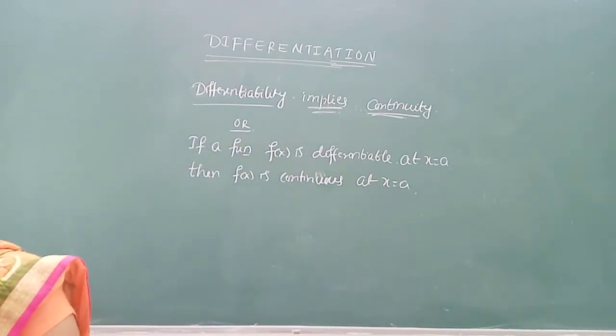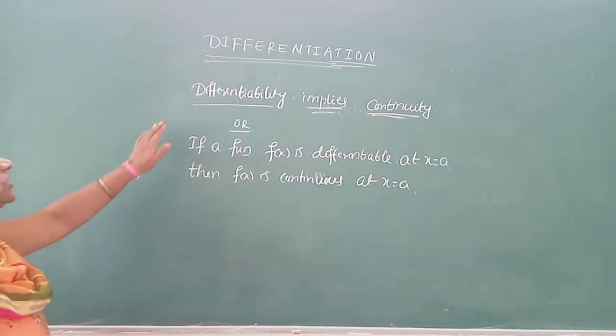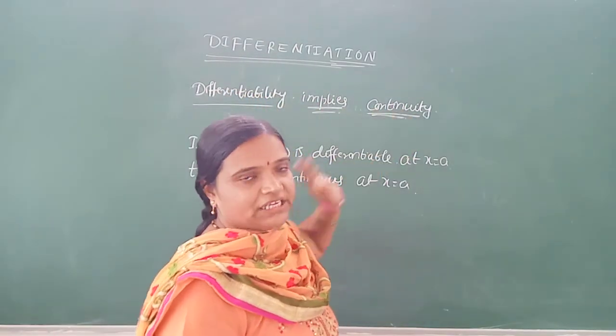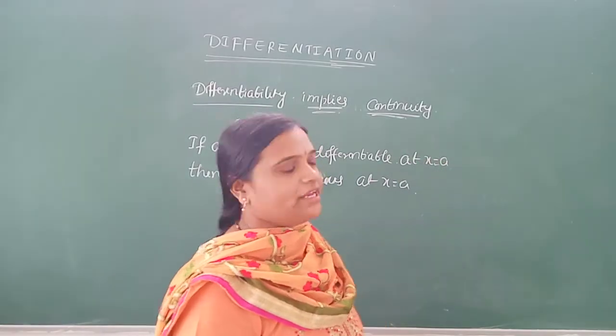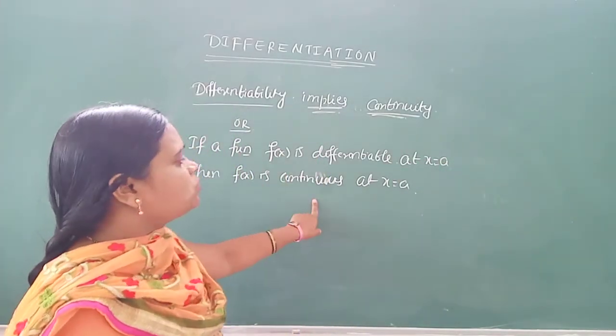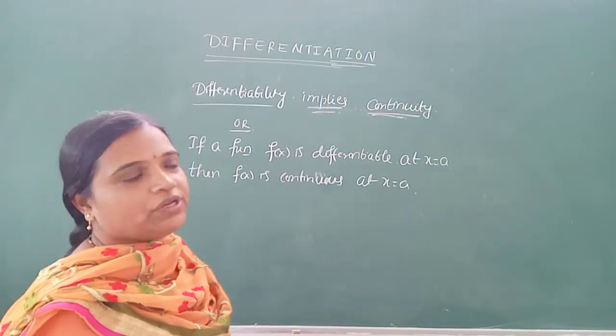What is given? Differentiability implies continuity, or else if a function f of x is differentiable at x equal to a, then f of x is continuous at x equal to a.